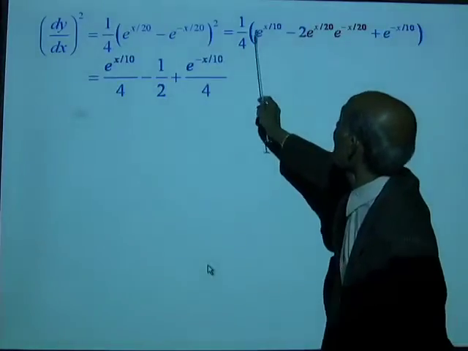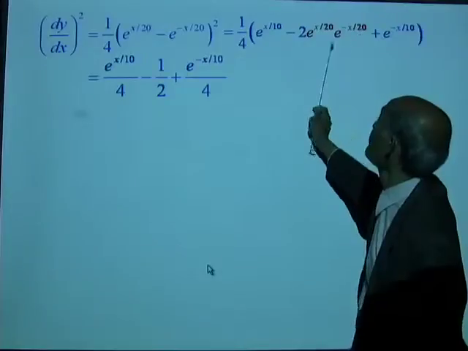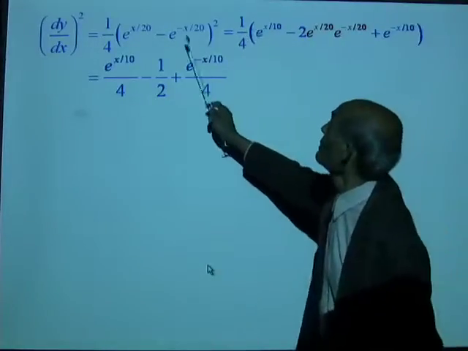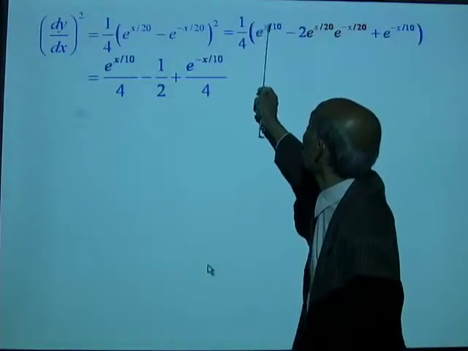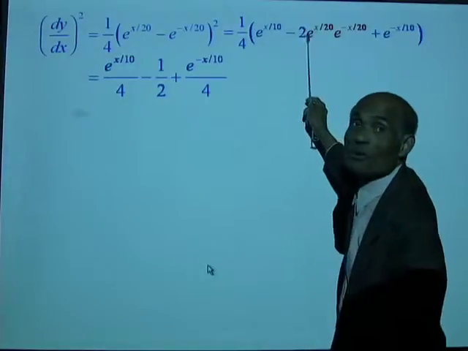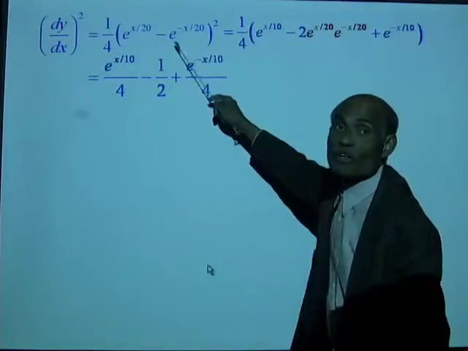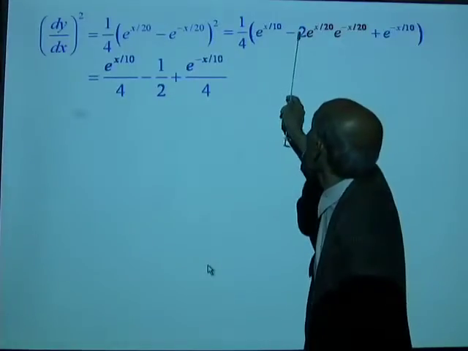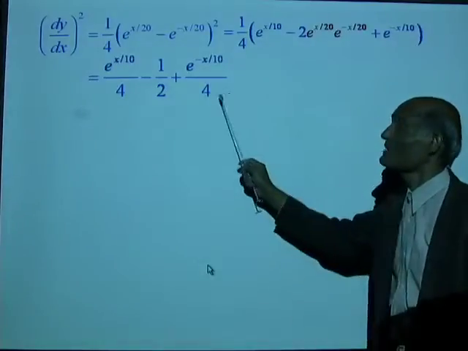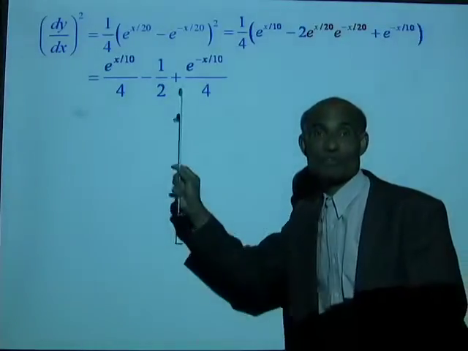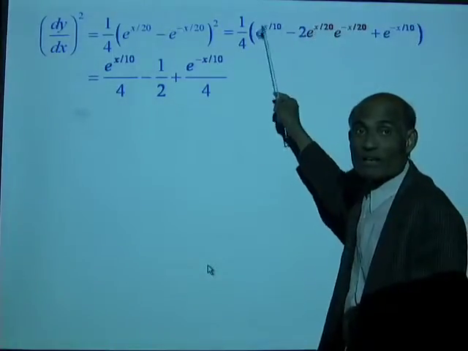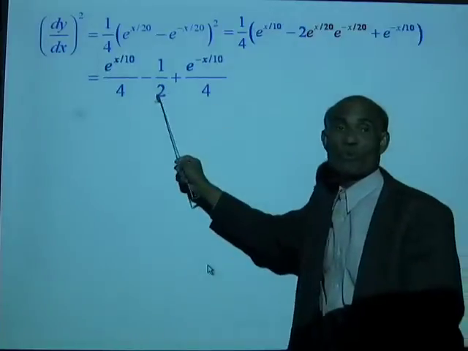I'm going to use this as 1 and then distribute the 1/4. So that will be e to the power of x over 10 divided by 4 minus, this is 2, multiply that 2 with 1/4 gives you 1/2. So that will be minus 1/2 plus e to the power of negative x over 10 divided by 4. I hope you understood that. First of all, these two multiplied will give you 1, and then distribute the 1/4. There you are.